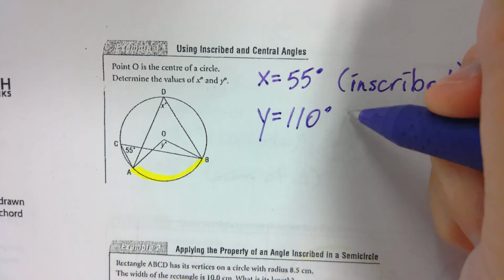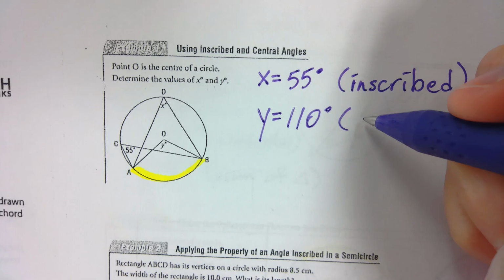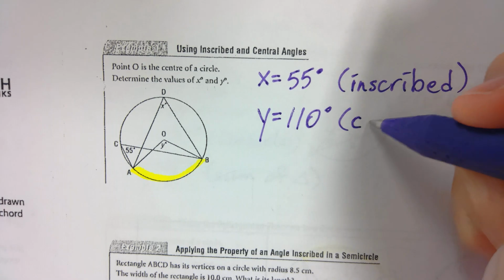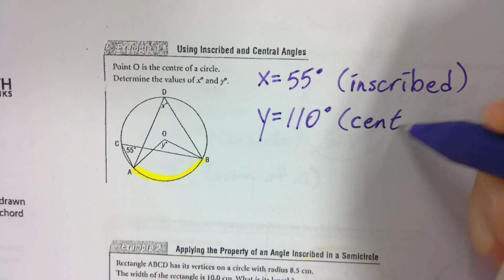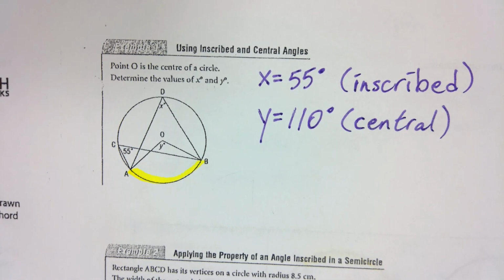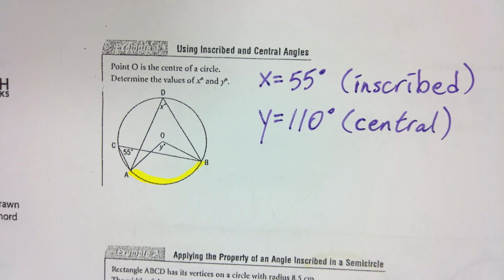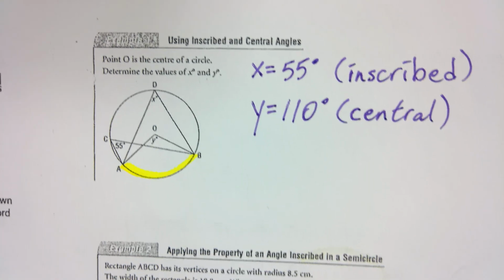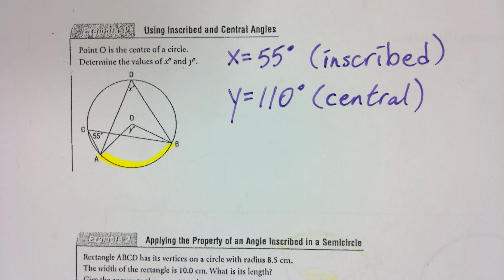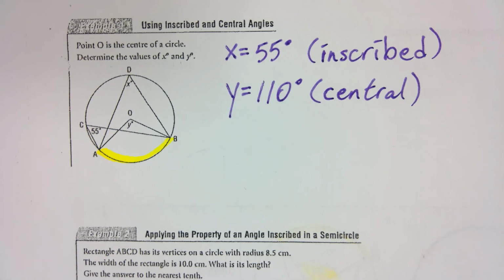What do you call that angle? Not center angle. Martin, do you know? Central. Central. That's right. Okay, I'm not trying to be picky, but there's no such thing as center angle. It's like calling you your name wrong. Okay.